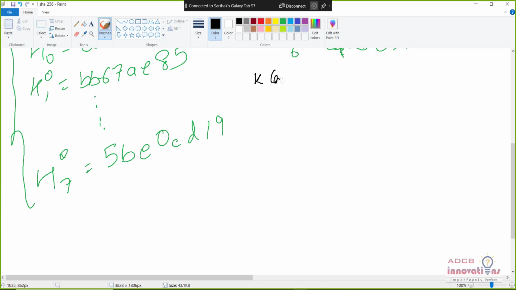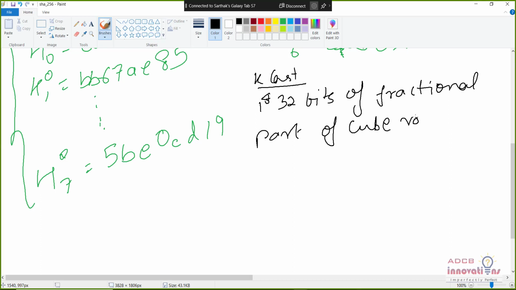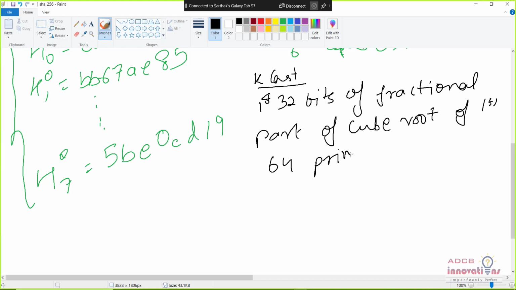So k constants are the first 32 bits of the fractional part of the cube root of the first 64 primes. So the first prime is the first prime number.